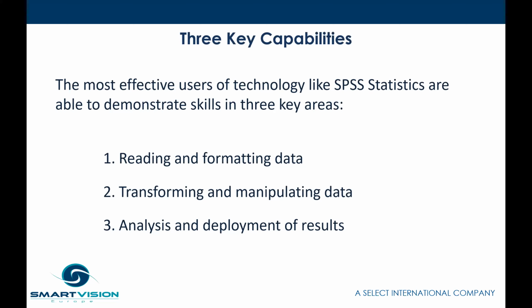And then finally, you need to be good at analysis. You need to know this is the right sort of analysis to do with these 2 types of fields or these 3 types of fields, and this is how I'm going to present it, and this is how I'm going to deploy it.